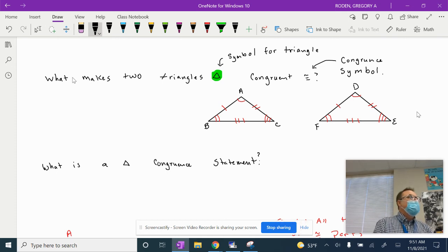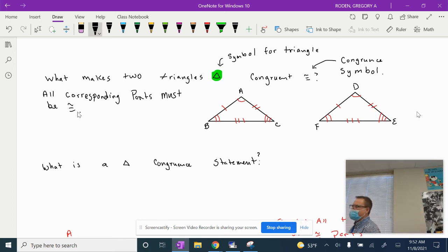Okay, so when we're going to make two triangles congruent, what makes two triangles congruent? Well, the answer to that is all corresponding parts must be congruent. Okay?